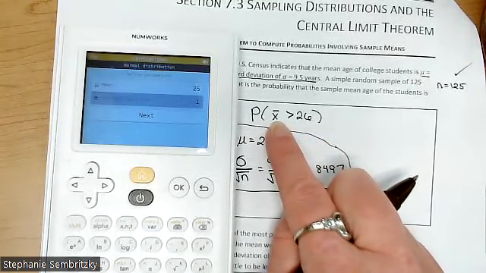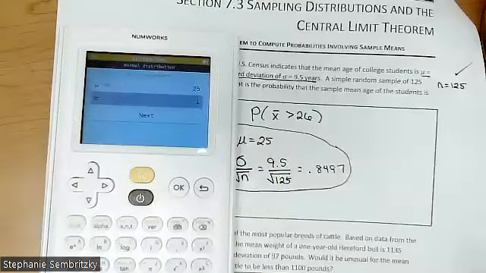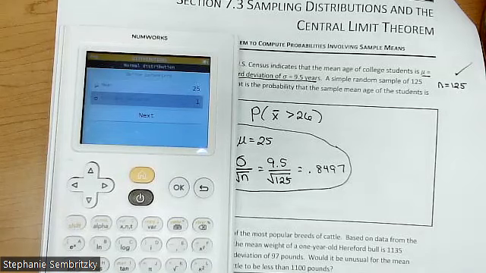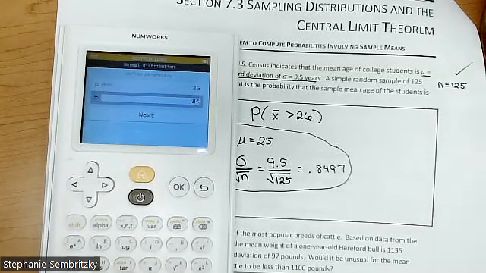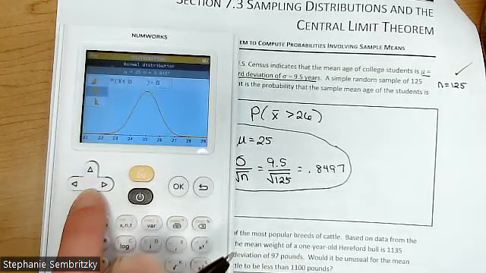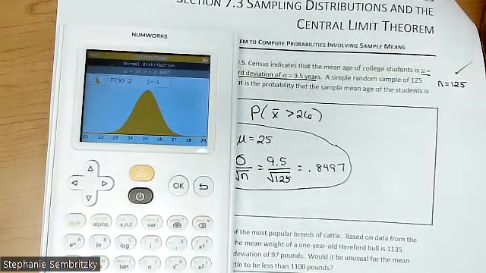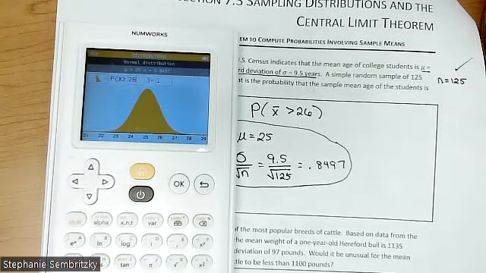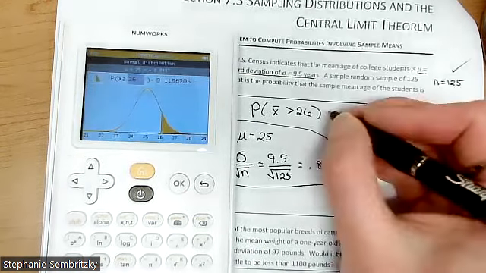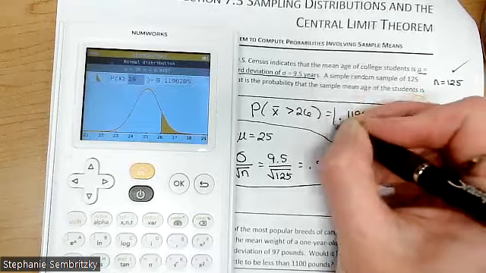We're trying to find the probability that a mean of a sample is greater than 26. So we're going to put in the standard deviation for the means. And we want to know the probability that it is greater than 26. And I got 0.1196.